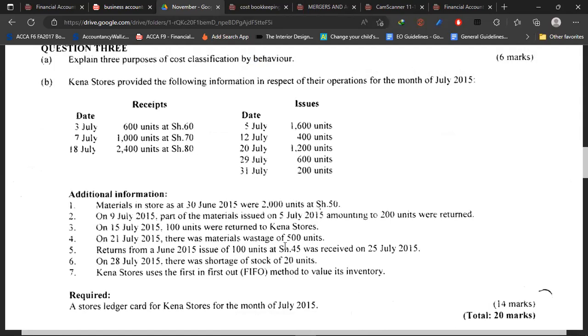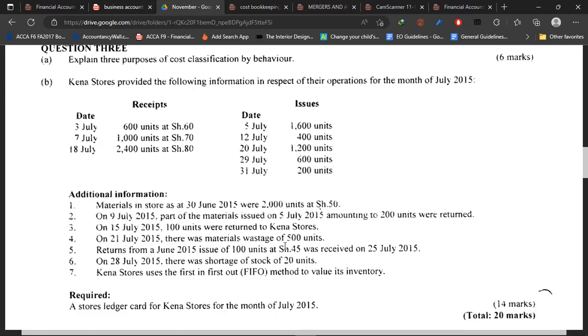Kenna Stores provided the following information in respect of their operations for the month of July 2015. Additional information. One, materials in store at 30th June 2015 were 2,000 units at 50 shillings. On 9th July 2015, part of the materials issued on 5th July 2015 amounting to 200 units were returned. On 15 July 2015, 100 units were returned to Kenna Stores.